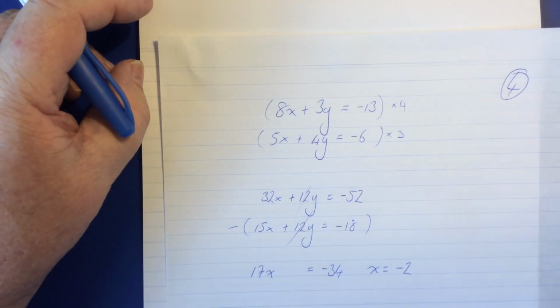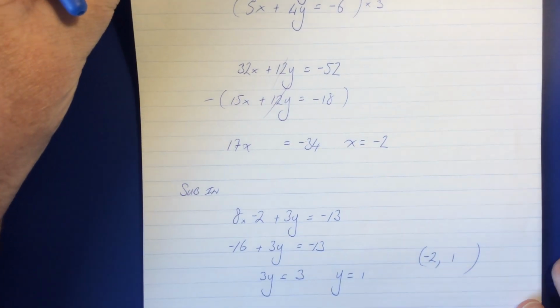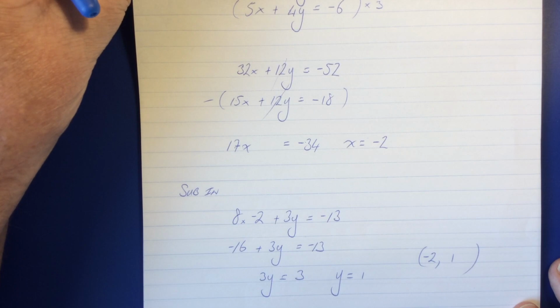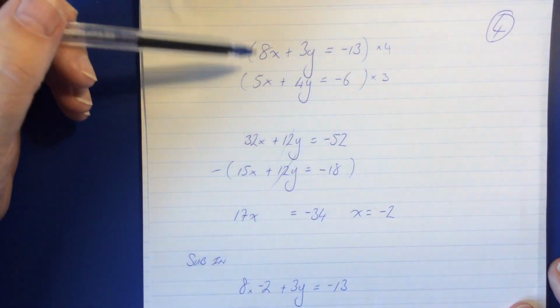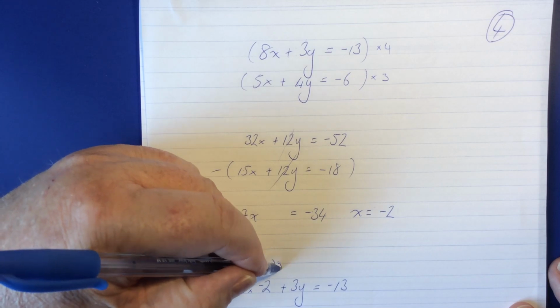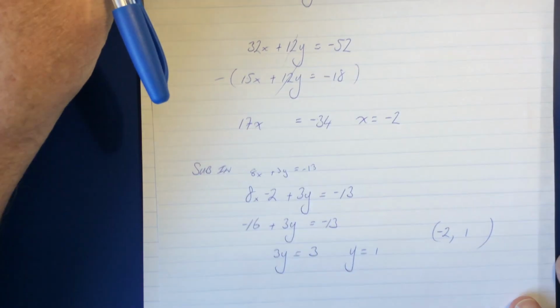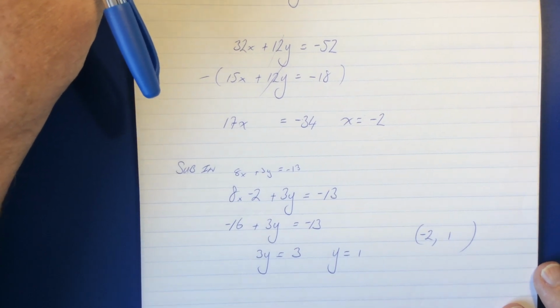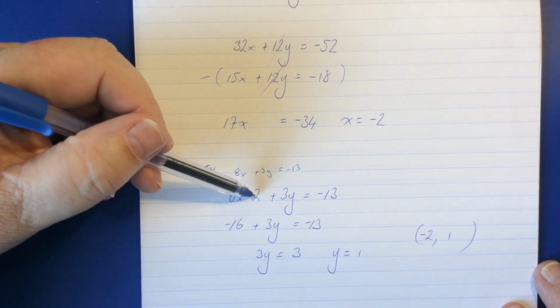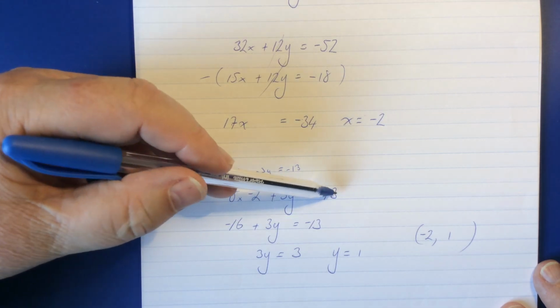Right, and now I just sub in. It's the old story of subbing in. Now, I'm subbing into the top equation, 8x plus 3y equals negative 13. And I already know what x is. So here goes. 8 times negative 2 plus 3y equals negative 13.